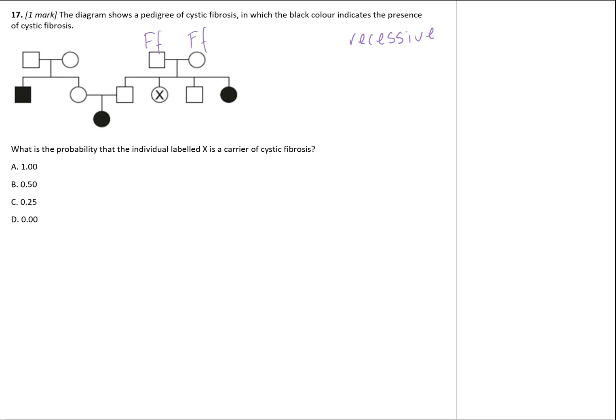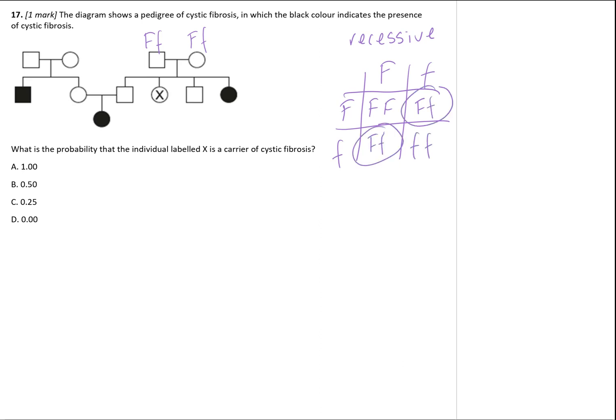And the question is, what is the probability that the individual labeled X is a carrier? If you were to do a Punnett square of this, you'd have big F, big F, big F, little f, big F, little f, and little f, little f. So these two are the carriers. So the probability is 50%, so it's 0.5.